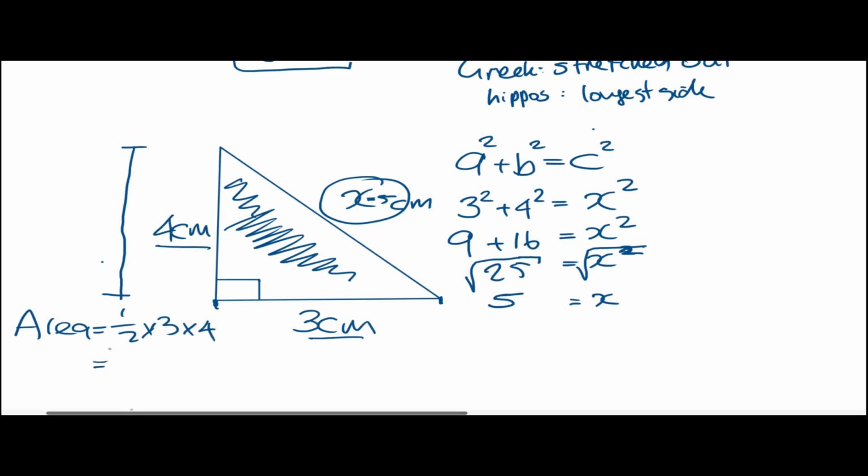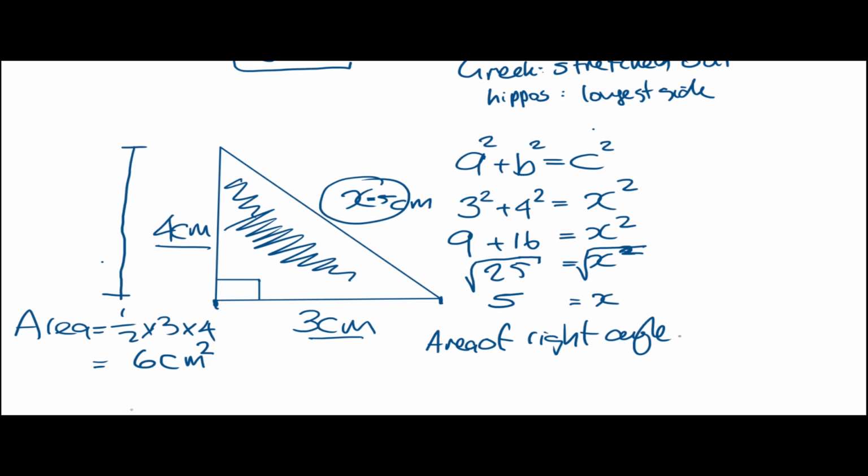So half the base times the height, so half times 3 times 4. 3 times 4 is 12, half is 6 centimeters squared. So a good rule is the area of a right angle triangle is equal to half times the two shorter sides multiplied together.